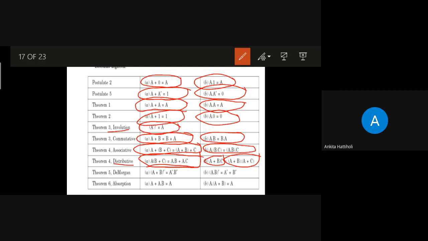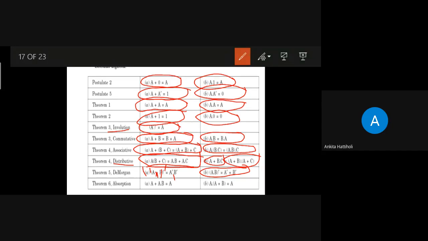So when you open the bracket A plus B whole negation, the negation gets distributed to individual variables, and the OR function gets changed to AND function. And vice versa here: A dot B whole bar will be equal to A bar plus B bar. That AND is changed to OR now.